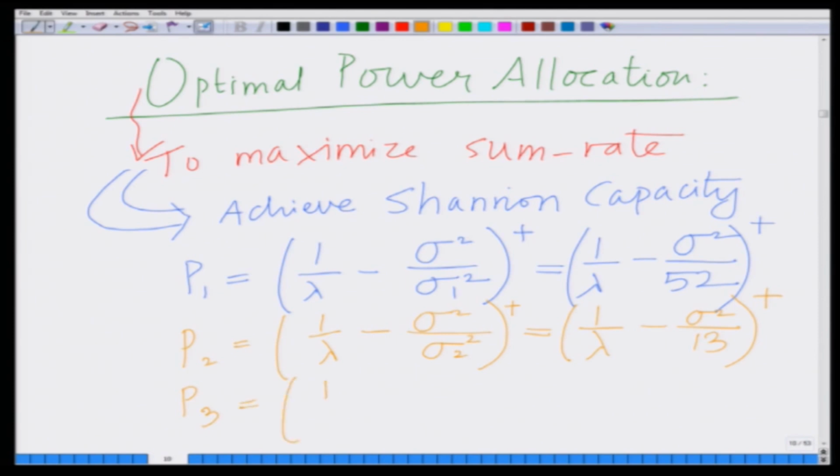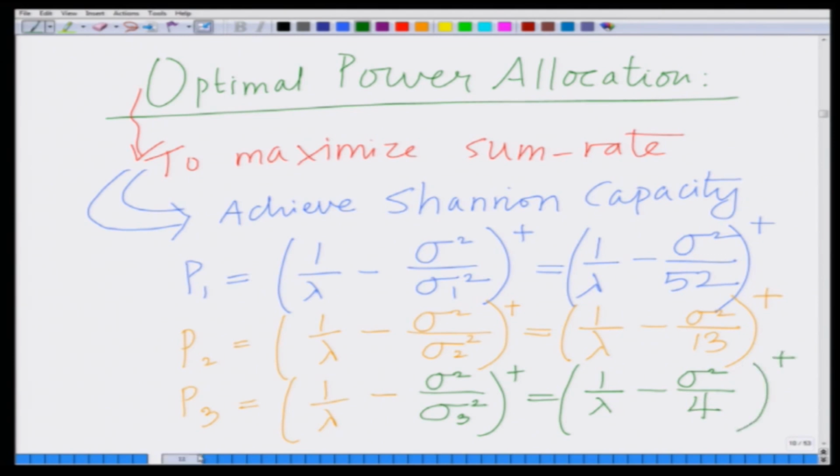P3 equals 1 over lambda minus sigma square divided by 4, plus.